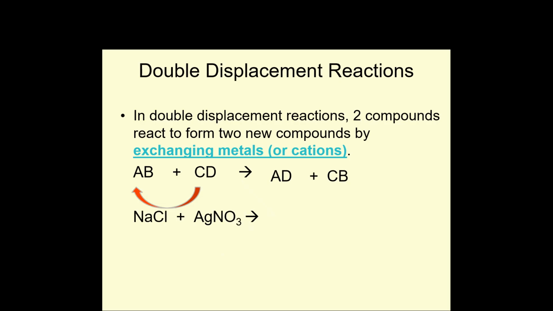So the example might be sodium chloride reacting with silver nitrate, and when sodium chloride reacts with silver nitrate, the sodium and the silver will swap places, and I will get silver chloride and sodium nitrate. Okay. That reaction will occur.